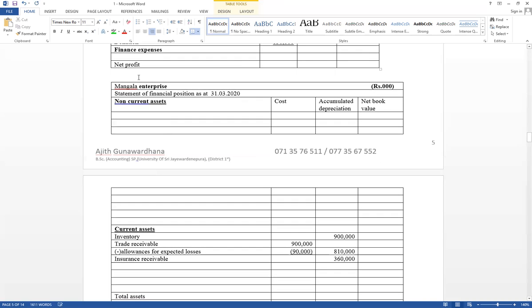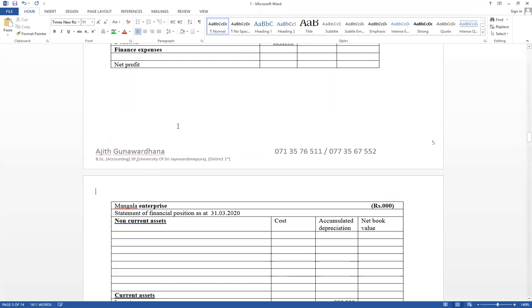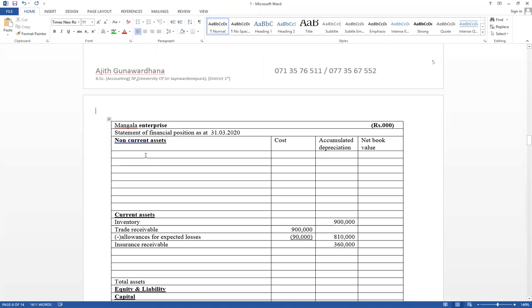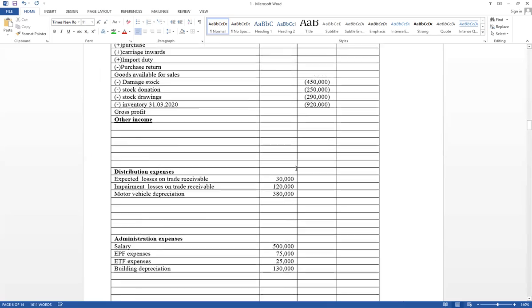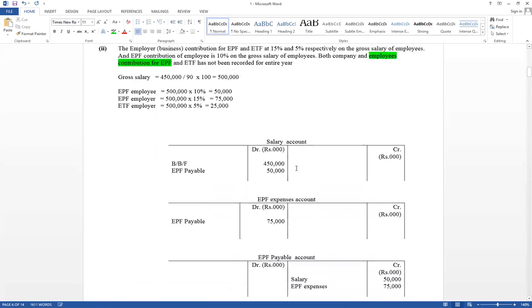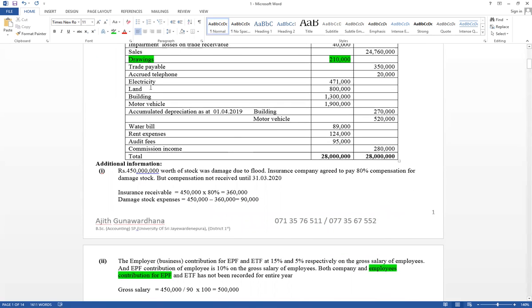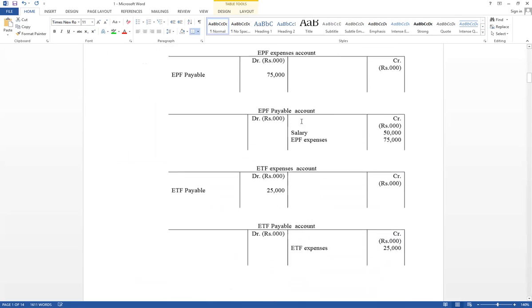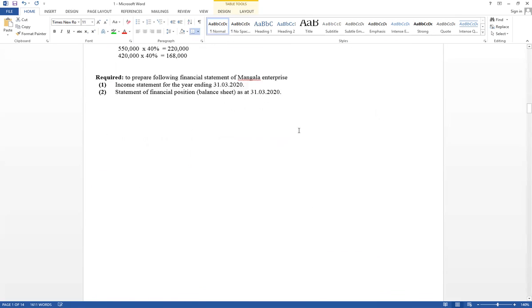Accumulated depreciation and non-current assets also should be disclosed. Cost value should be included in the first column and accumulated depreciation in the second column. Land, building, motor vehicle. Land should be included from the beginning. The trial balance is given with opening balances. Land, building, motor vehicle do not change. Therefore cost value should be included under non-current assets.